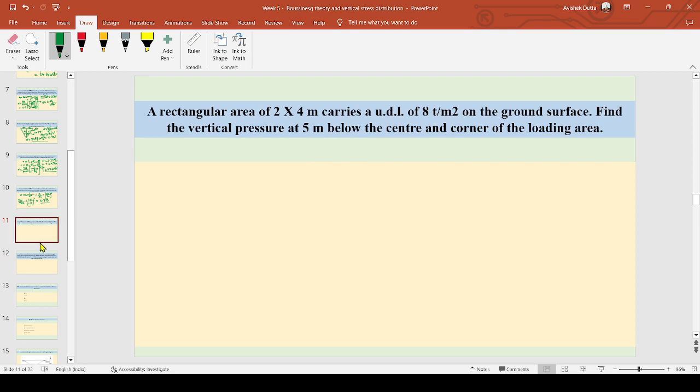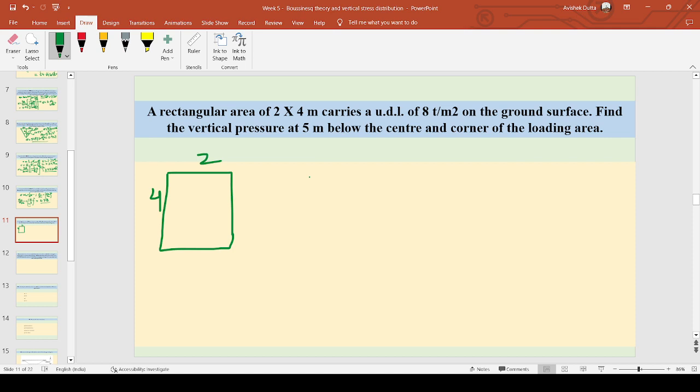A rectangular area carries a UDL. If this is the rectangular area, 2 meter by 4 meter, it carries a UDL of 8. In this question, we are going to convert the UDL into a point load. How can we do that?